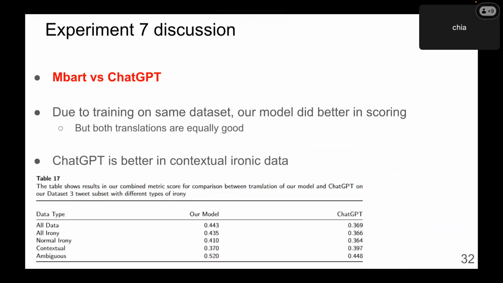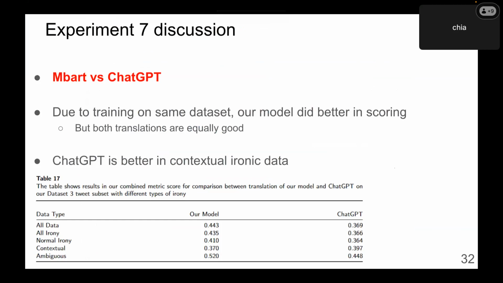Because first, our model is trained on the same data set, and also because the human-translated gold standard data here are all around the same structure, translated by the same few humans. So when we compare to the same gold standard data set, they are mostly in the same structure.